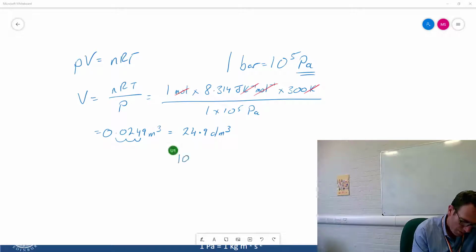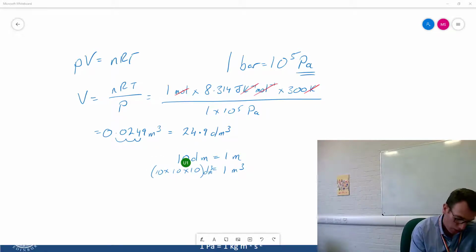Because 10 decimeters is a meter. So therefore 1 meter cubed is equal to 10 by 10 by 10 decimeters cubed. So to convert from meters cubed to decimeters cubed, it's a factor of 1,000.